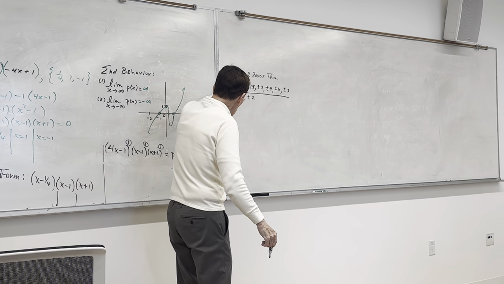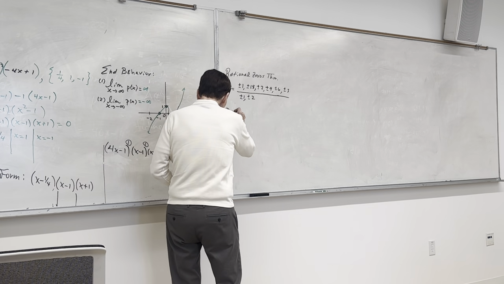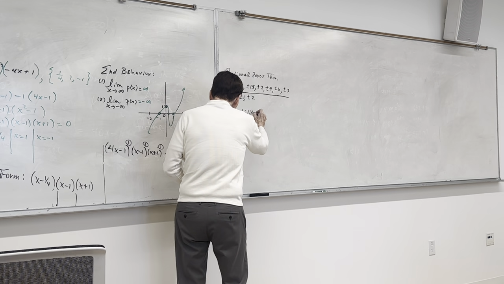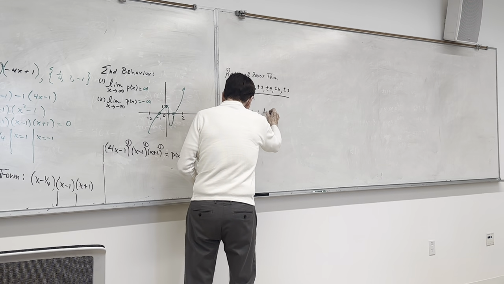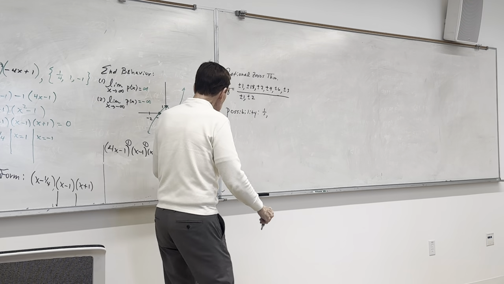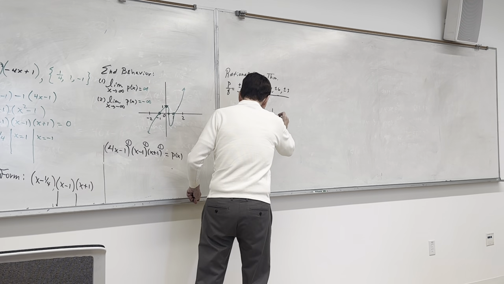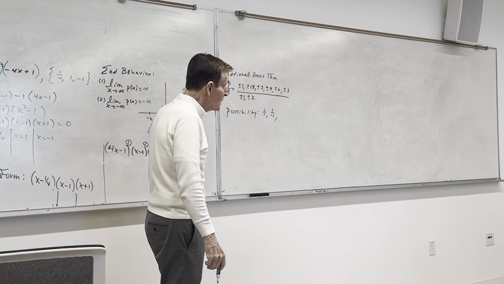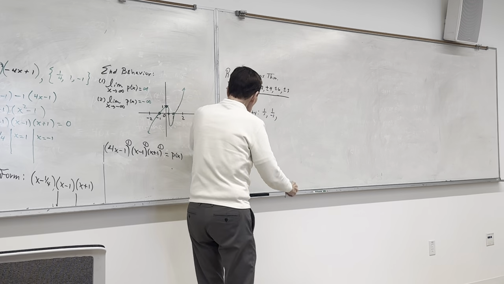Guys, in other words, 1 over 1, a possibility is 1. Another possibility is you place 1 over negative 1. That might be an answer. Or 18 over 1.